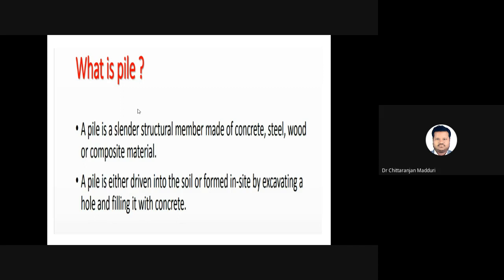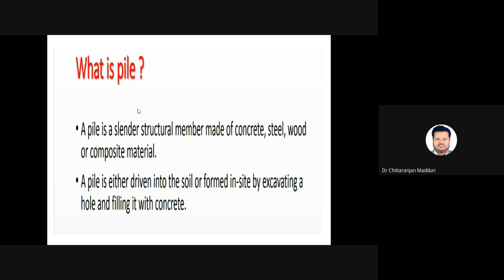The pile is a structural member which transfers the load coming from the superstructure to a hard stratum through the weak soil. That means it bypasses the weak soil. Generally, if a foundation is located in weak soil, it causes shear failure or a huge settlement. That's why the foundation is not located in the weak soil.